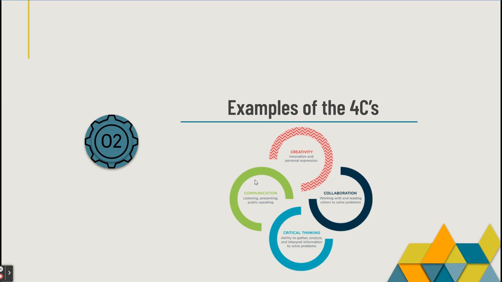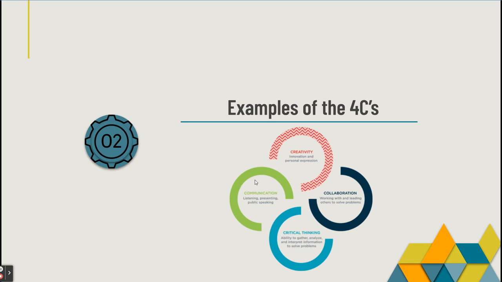The idea is that whenever possible, if you can put them all together, that's how they work best. But if you can't, if in your lesson or whatever you're working on, really only two fit, and forcing the other two doesn't make a lot of sense, you very well may be hitting collaboration and communication on something because they're working as a group to do a project of some sort, but there may not be a lot of critical thinking, or that might not be the focus of it.